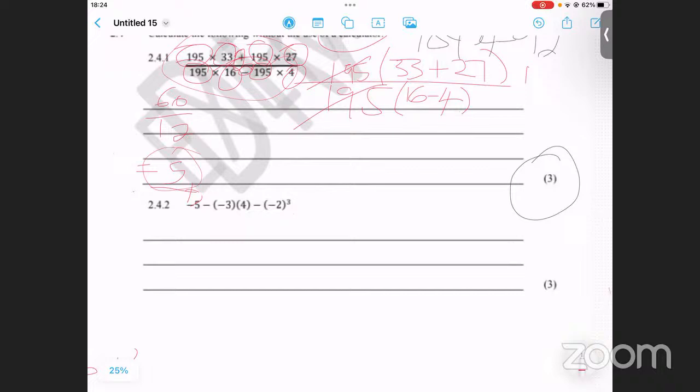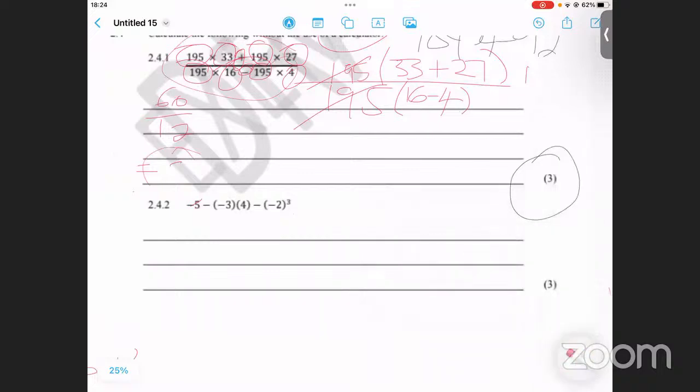Okay, let's move to 2.4.2. Kanye, how are you going to calculate this without the use of a calculator? Ma'am, I think you're going to take the like terms, which is -5 and -2 cubed. I don't understand when you say the like terms.